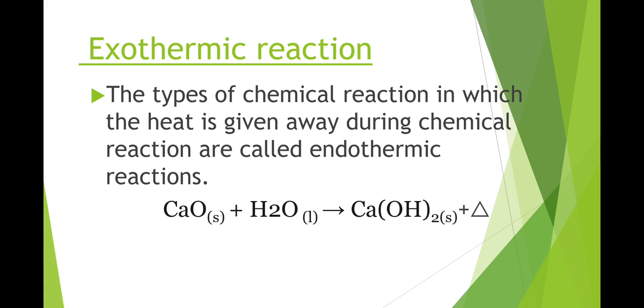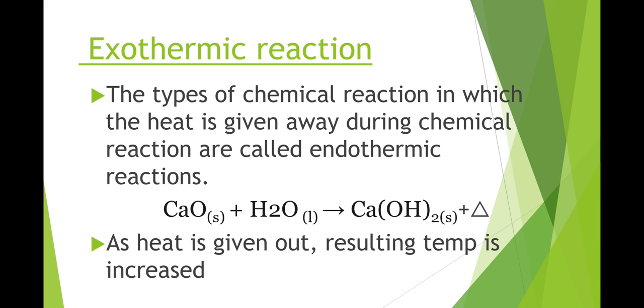As heat is released in the chemical change, it is a type of exothermic reaction. In an exothermic reaction, as heat is given out, the resulting temperature is increased. If we carry out the above reaction in a test tube, we can observe that the temperature of the test tube is increased. Hence it is an exothermic reaction.